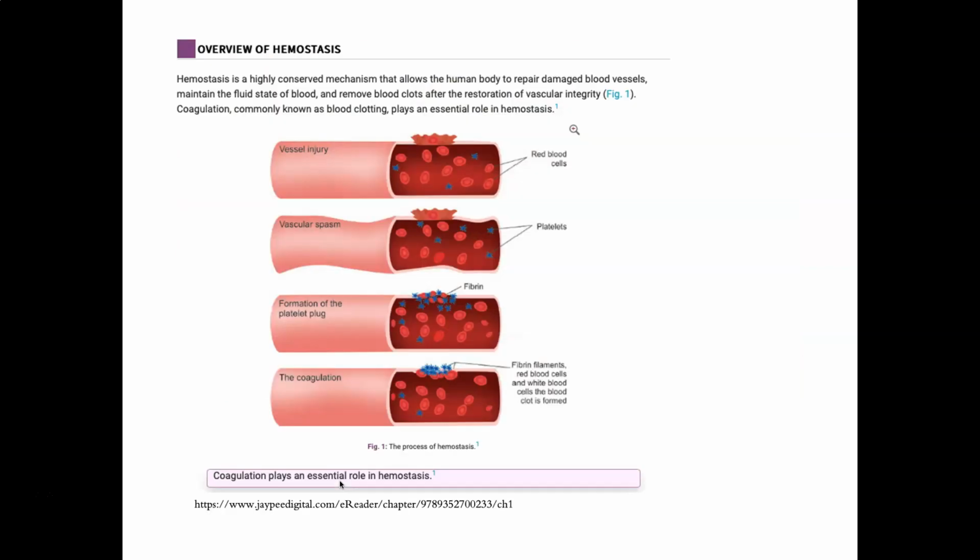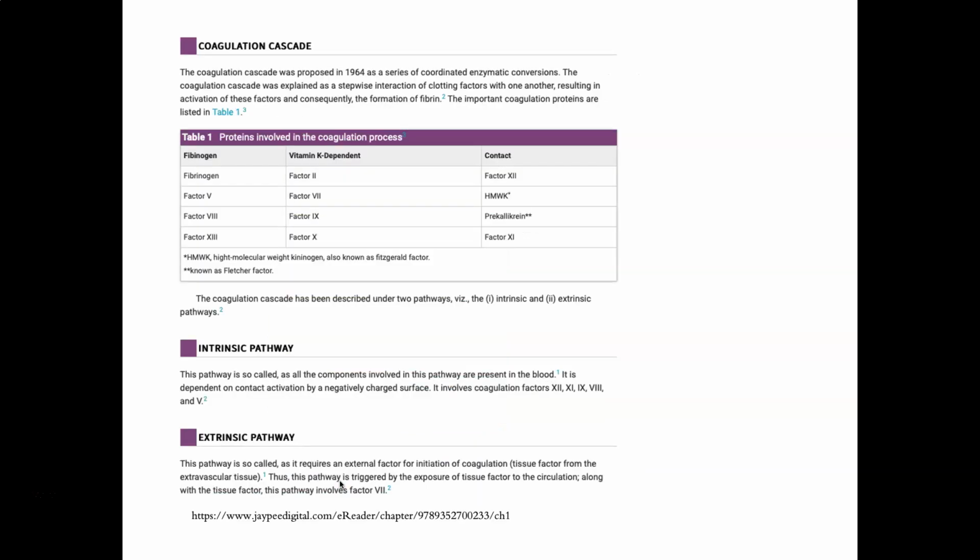Again, you have your vessel injury, you have your vascular spasm, you have formation of the platelet plug, and you have coagulation, which includes fibrin filaments and that clot forming. And then this is just information about the coagulation cascade. You will sometimes hear about proteins that are involved in the coagulation process.